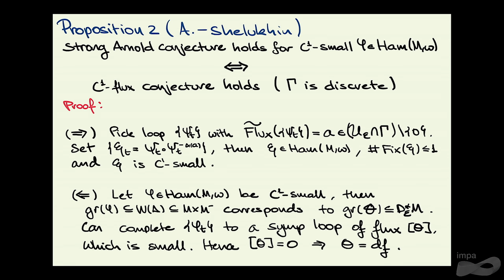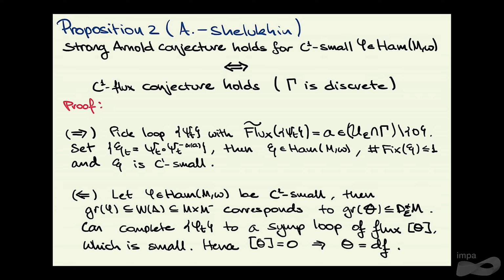Now, like I said before, you can use this deformation of the graph of the one form to the zero section to induce a path of symplectic diffeomorphisms that's going to connect phi to the identity with a small path. And this will give you a symplectic loop, right? Because you were C1 small, so you could stray pretty far away. The endpoint was C1 small, and now you've just completed to the identity.